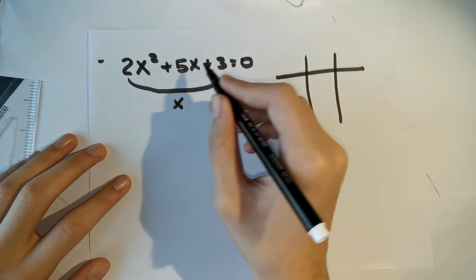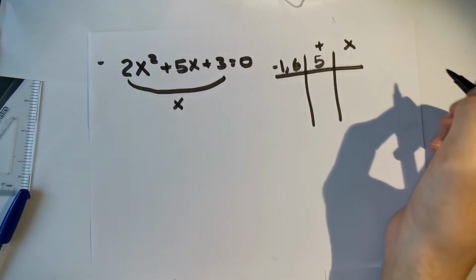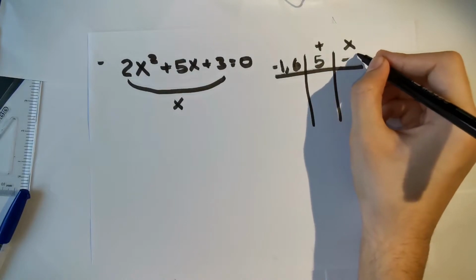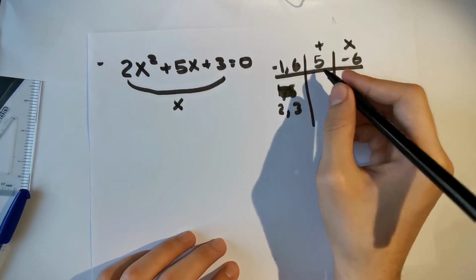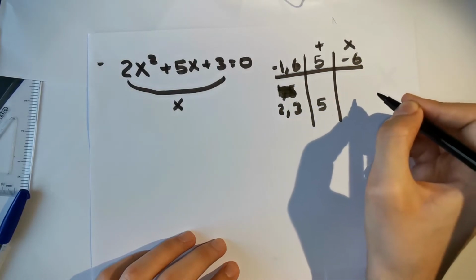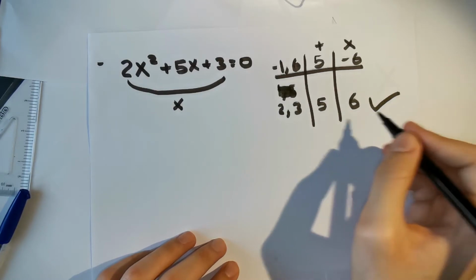So for example here, -1 and 6 would add up to get 5, but when you multiply them you get -6, and when you use 2 and 3 they add up to give 5 and multiply to give 6, which is what we want.